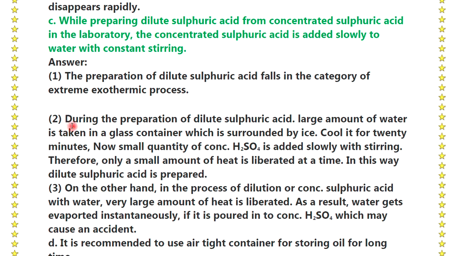During the preparation, a large amount of water is taken in a glass container surrounded by ice. Cool it for 20 minutes. Now a small quantity of concentrated H2SO4 is added slowly with stirring. Therefore, only a small amount of heat is liberated at a time. This way dilute sulfuric acid is prepared.